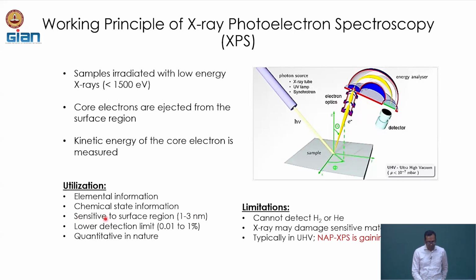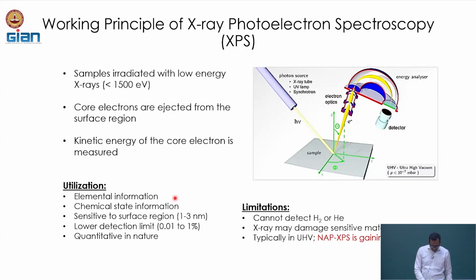This is sensitive to the surface region, some 1 to 3 nanometer. So, in the true sense it is not a surface technique, because the surface is just one atomic layer, which is 0.3 or 0.4 nanometer, and what we are seeing is some 1 to 3 nanometer from the surface, which is some 8 to 10 layers. So, it is not just the surface information, we are getting a little bit of subsurface information as well.